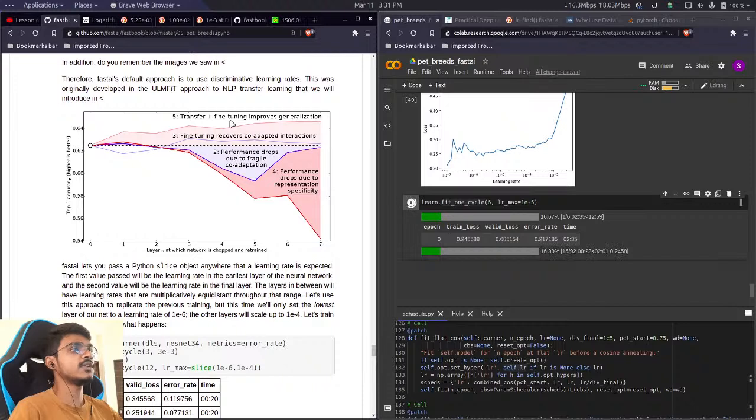Transfer plus fine-tuning. Transfer plus fine-tuning improves generalization. That's what we did. Fine-tuning recovers co-adapted interactions. What does it mean? Co-adapted interactions. And performance drops due to fragile co-adaptation. Performance drops due to representation specificity.